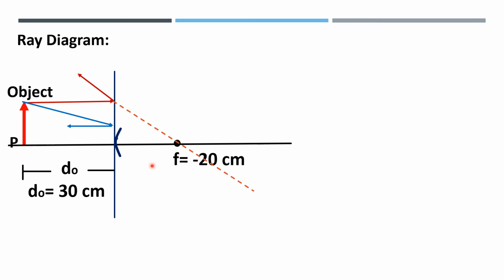When extended backward, using again a broken line, it is as if the reflected ray is emanating from this direction, and you will notice that the two reflected rays, the brown ray and the blue ray, have a point of intersection somewhere here, and that exactly locates the image of the object formed by the convex mirror.